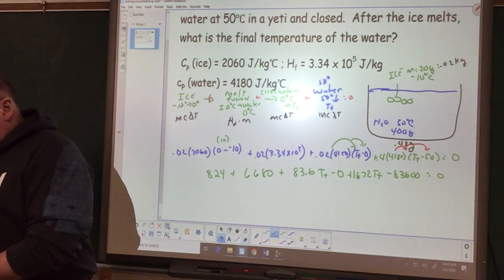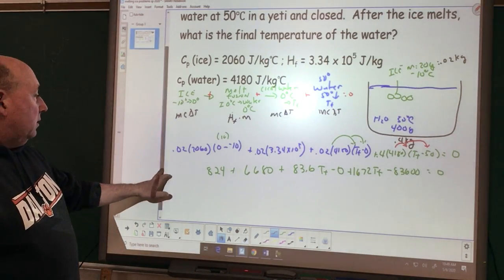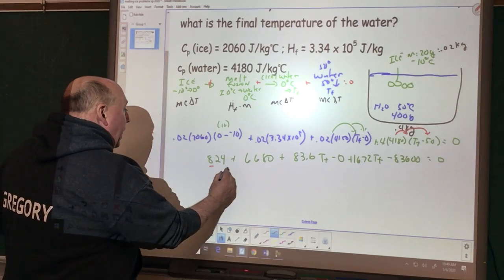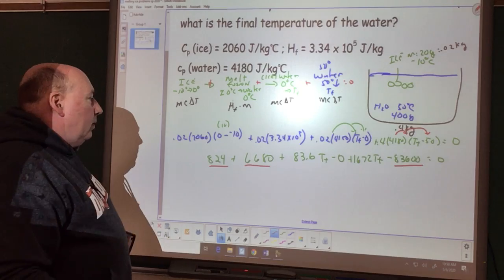So now it becomes an equation to be able to solve. I can combine these three values here.